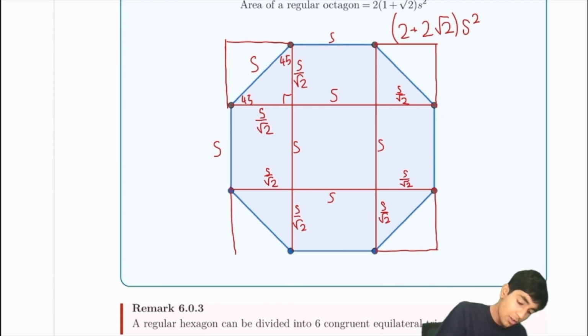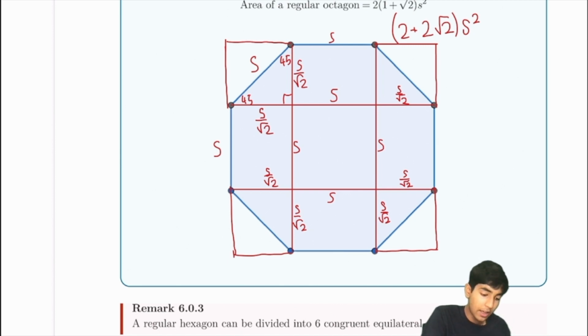And now what you could do is find the area of the square and subtract the four corners. And just like earlier, 45, 45, 90 gives us the side length of the square to be S plus S root 2 over 2 twice. And then you can subtract off these four triangles by just finding the area of those.